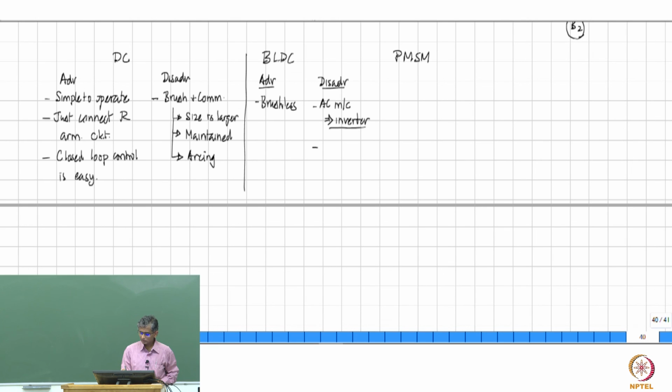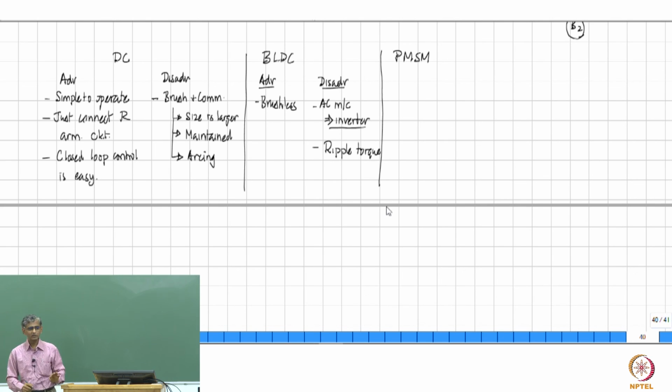The disadvantage also is that you have a ripple torque. Whether the ripple torque is a serious disadvantage or not depends on the application. I am not saying that ripple torque is always an issue. It may not be an issue under some cases, so that needs to be evaluated.